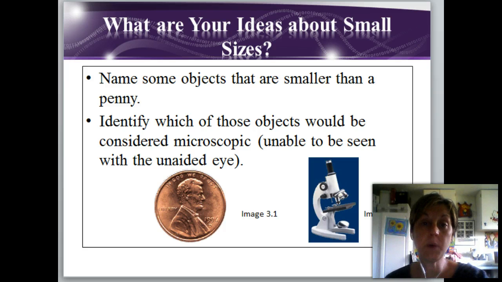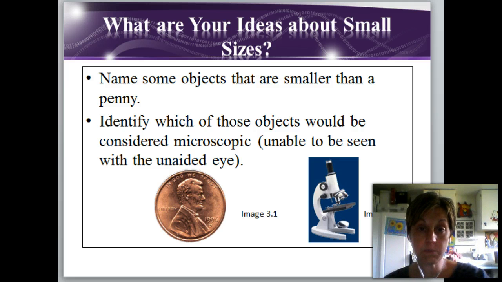Okay, so I want you to pause the recording and think about this and jot down some ideas. What are some objects that are smaller than a penny? And of the objects that you wrote down, which would be considered microscopic, unable to be seen with the unaided eye? Think about some objects and come up with 5 to 8 objects that are smaller than a penny.